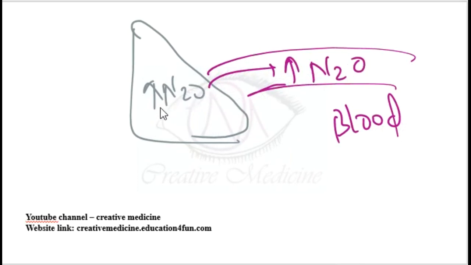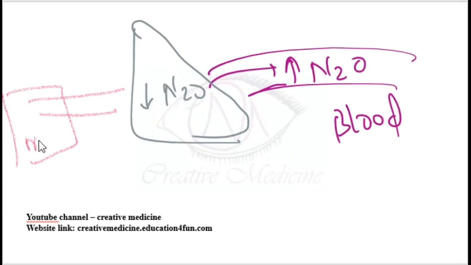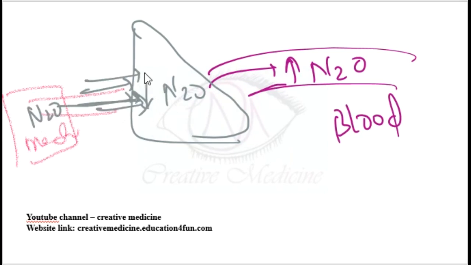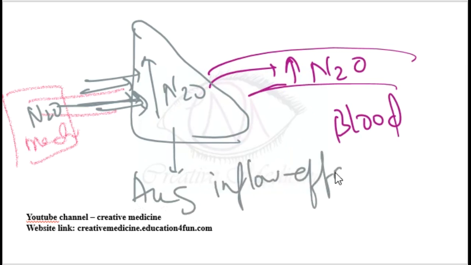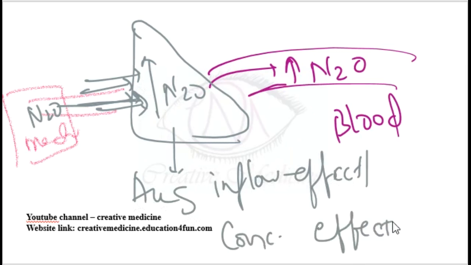Now the nitrous oxide concentration in the lungs will decrease, so from the anesthesia machine, nitrous oxide will enter the lungs, and again the concentration of nitrous oxide will increase. This is called augmented inflow effect, or because the concentration of nitrous oxide is increased, it is called concentration effect.